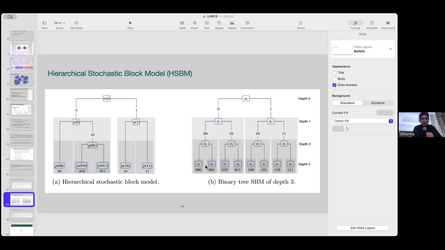Look at it, for example, in these two communities. The common ancestor of these two is this one, and the common ancestor of these two is this one. And these two clusters are exactly similar. So the probability that we should define to connect these two communities should be the same as the probability that we should define for these two.